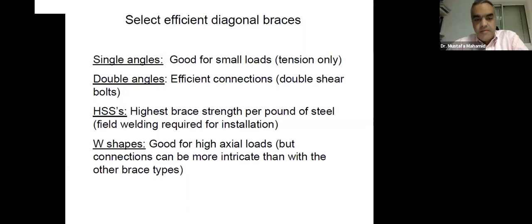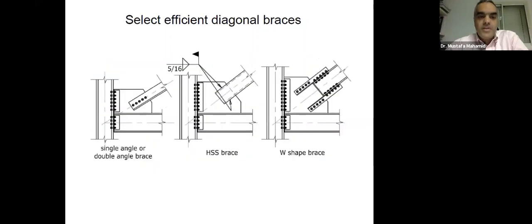And we cannot use bolted connections. Of course it's possible, but it will not be a simple connection. W shapes, good for high axial loads, but the connections are not simple if you are using a shape for diagonal braces. So here you have some examples for single angle or double angle, for HSS brace, and for a wide flange brace.